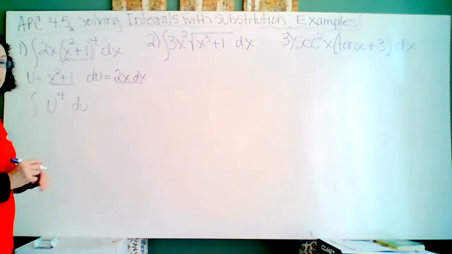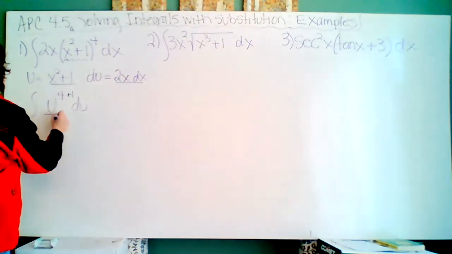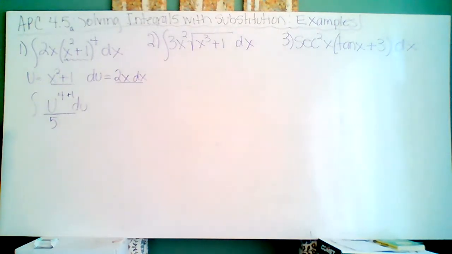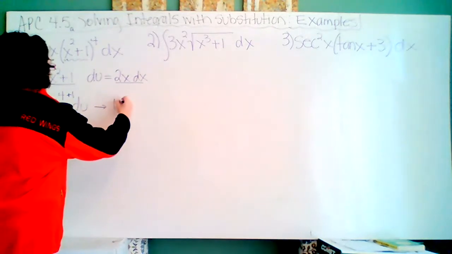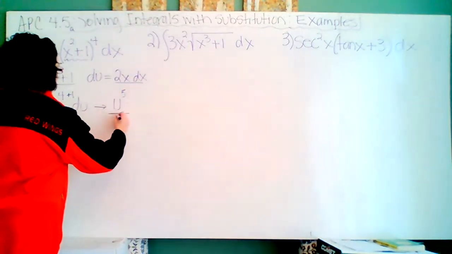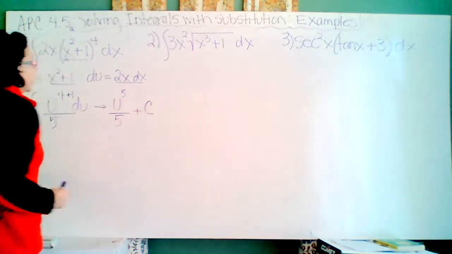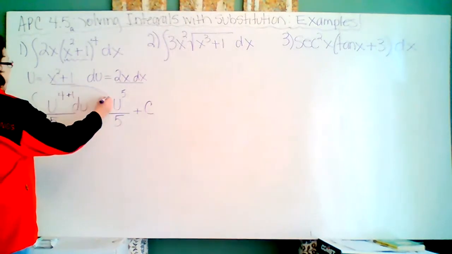So let's see here. I do know how to integrate u to the 4th. That would be plus 1, right? And then I would divide by the new exponent. So now that I have integrated, I will write my integration. I will not forget my c. And now that I have integrated, I can replace, right?